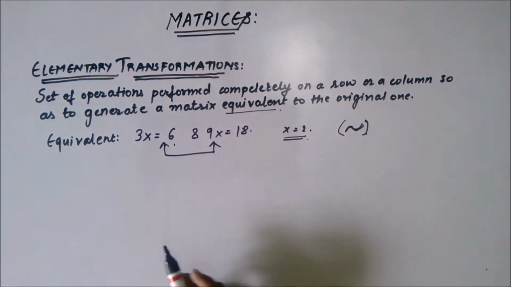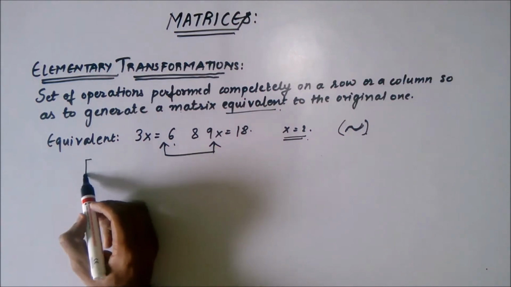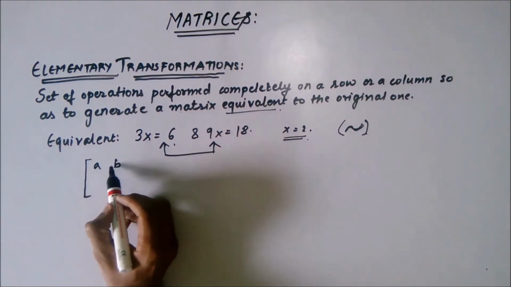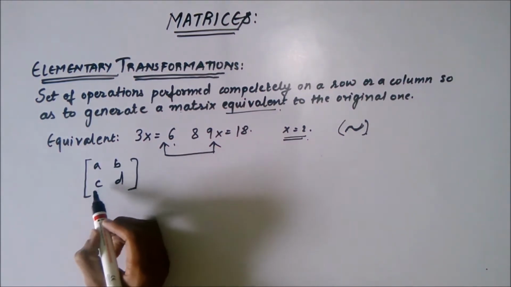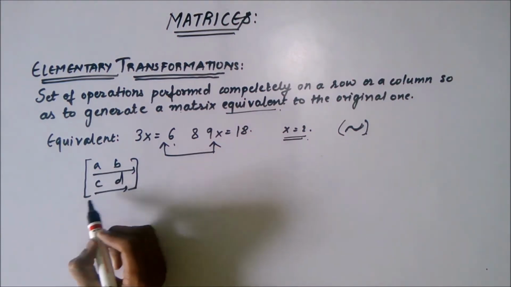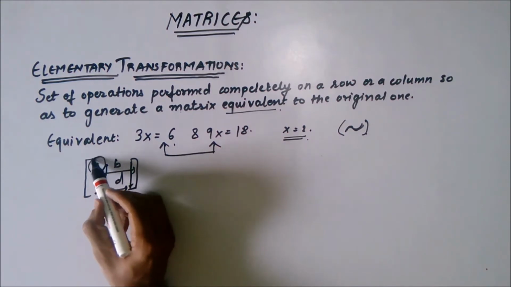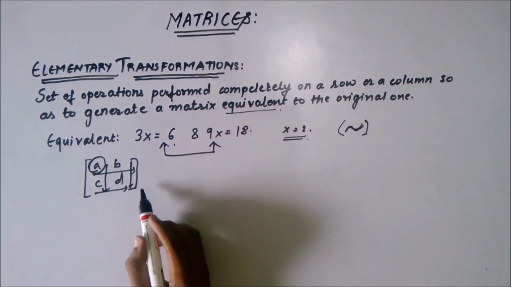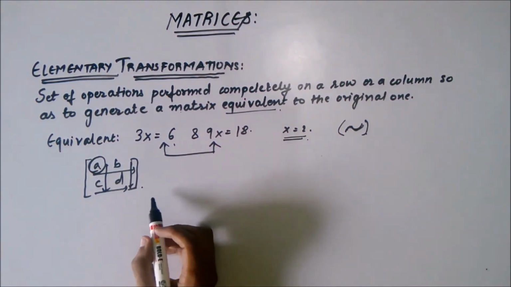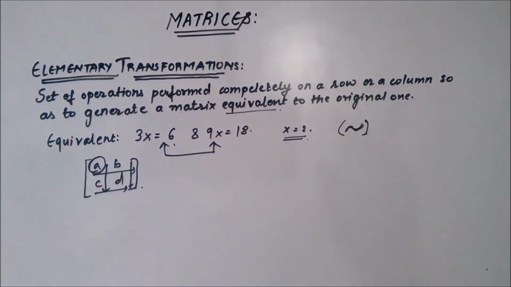That is, any operation to be performed on a matrix A, B, C, D should either be row wise or column wise and not on a single element. So, let us continue.